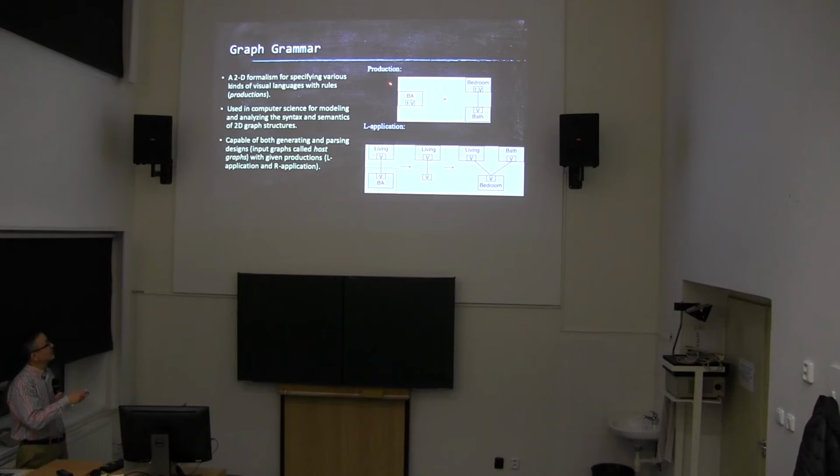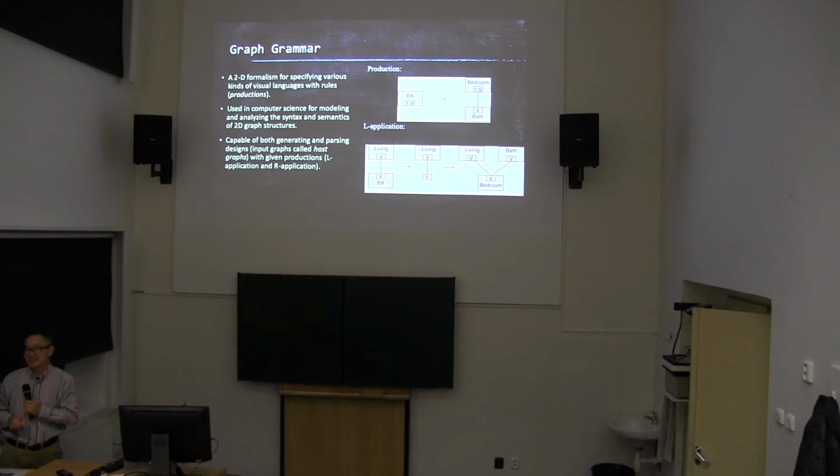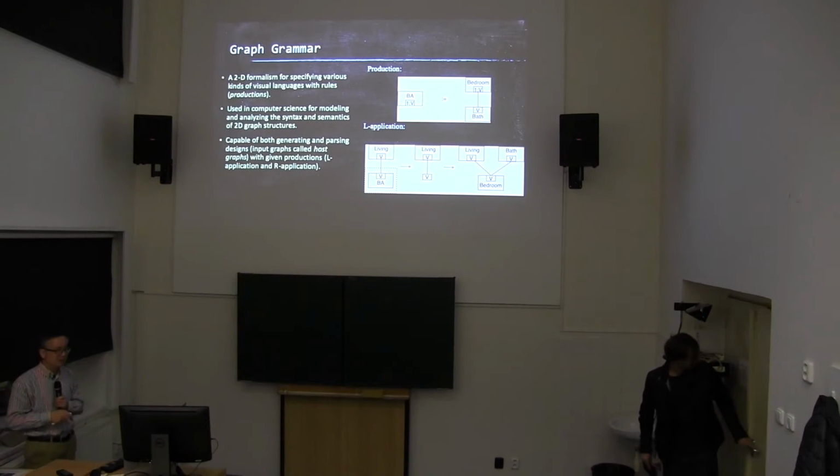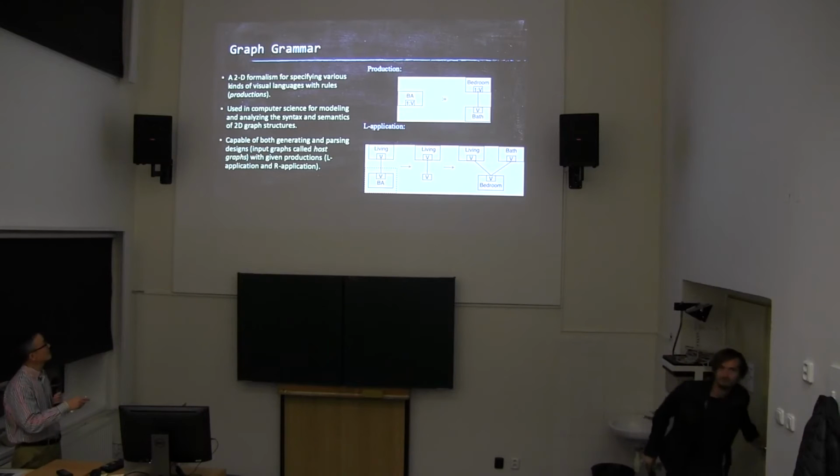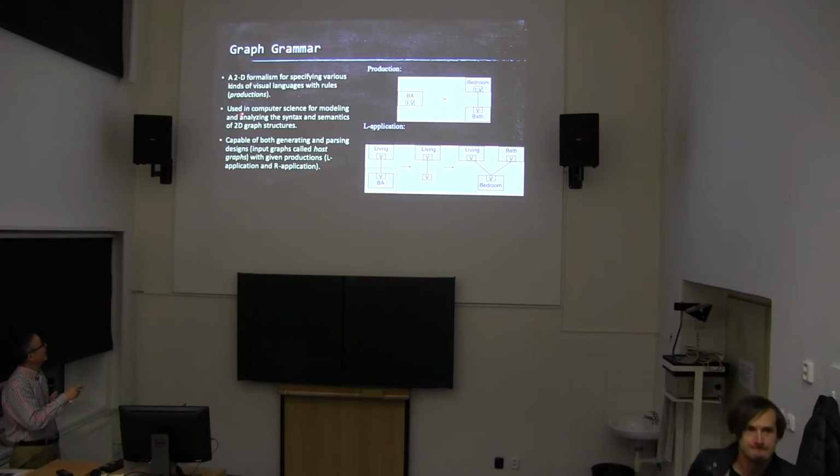This is one production example, with a node on the left-hand side and the right-hand side. Don't worry about the details here; it takes time to explain all these notations, and we don't need to go into that. They are used in computer science for modeling and analyzing the syntax and semantics of two-dimensional graph structures.